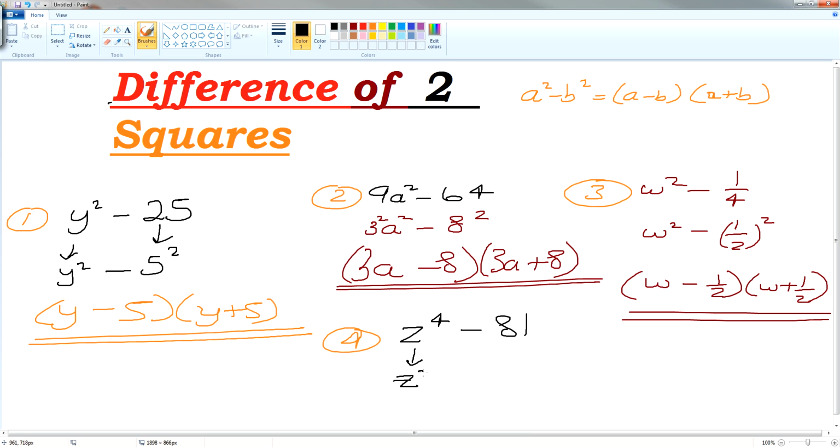Well done. z squared minus 9 squared. So here the square number is actually another square number, z squared. So z to the power 4 is really z squared squared. So we do z squared minus 9 times z squared plus 9.